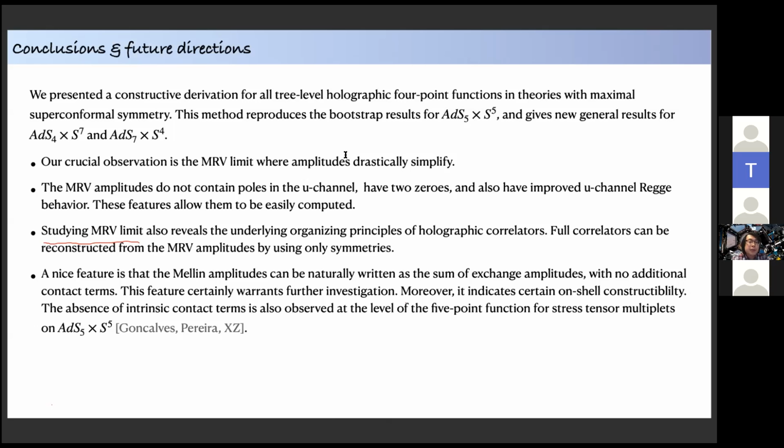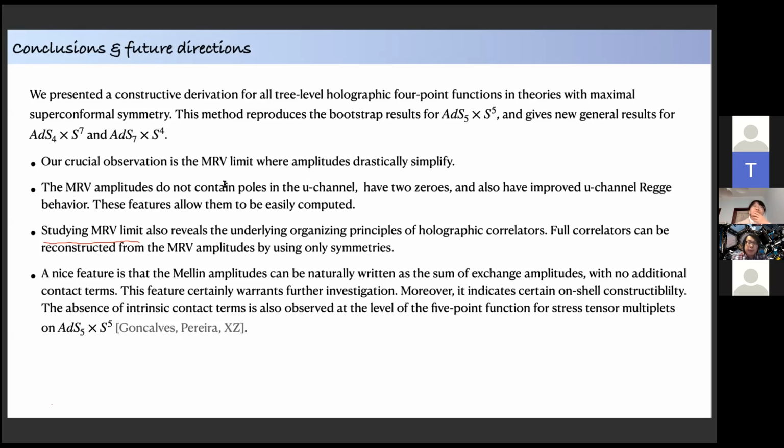Now let me conclude. We gave a constructive derivation for all the tree-level correlators in theories with maximal superconformal symmetry. We reproduced some bootstrap results already known, and also gave new general results for the other two backgrounds. The crucial observation is that there exists a very nice limit called the MRV limit, where the amplitudes drastically simplify.